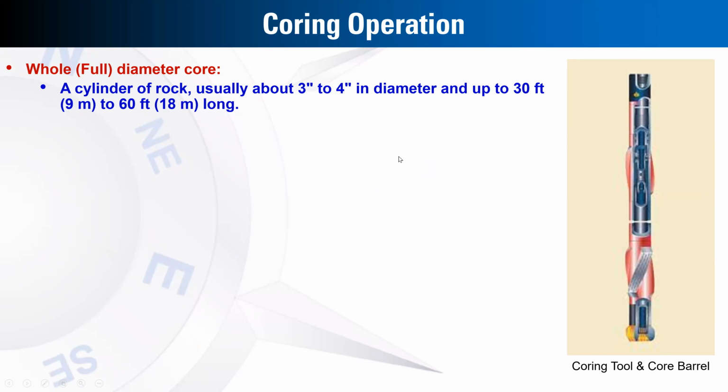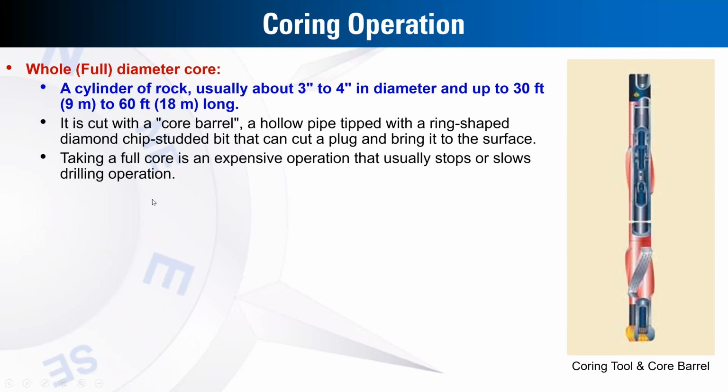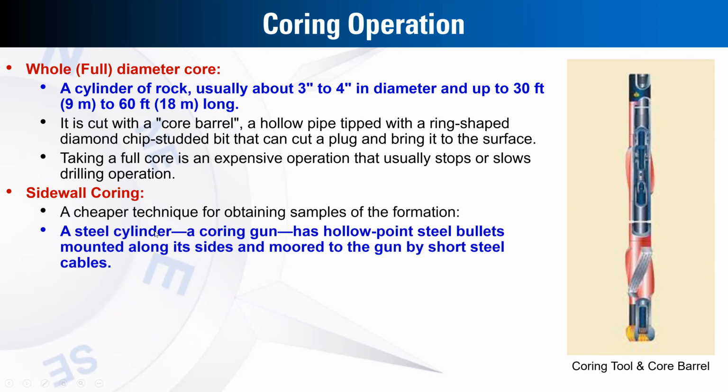The core will be cut in several lengths, maybe 30, up to 60 or 90 and so on feet long. So the core, as mentioned, is cut in a certain core barrel, which is a hollow pipe designed in this core string.